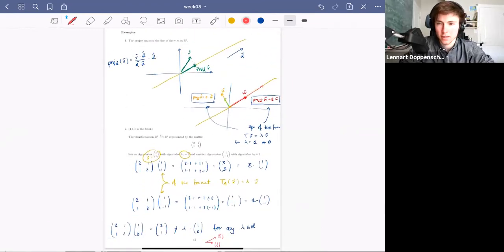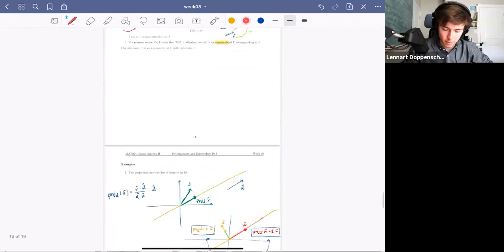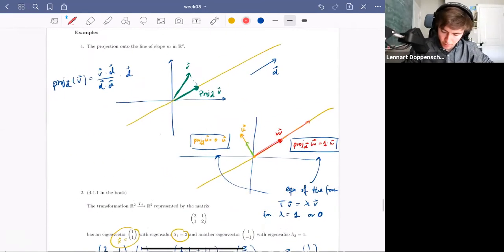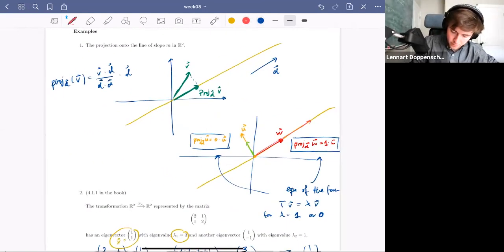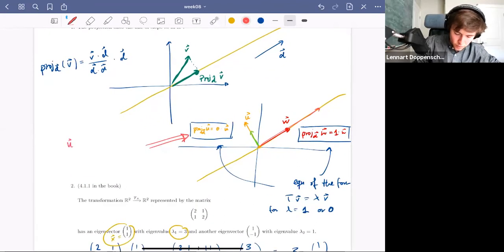Any questions? Lambda can be 0, as we've seen in the first example. Just to be clear, U is an eigenvector of the projection onto D with eigenvalue 0.